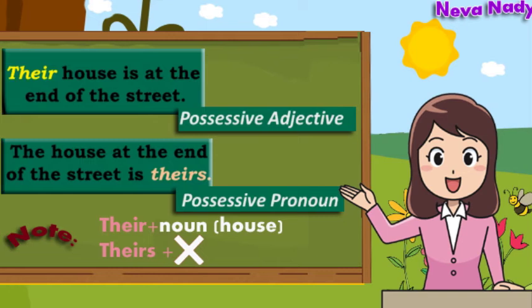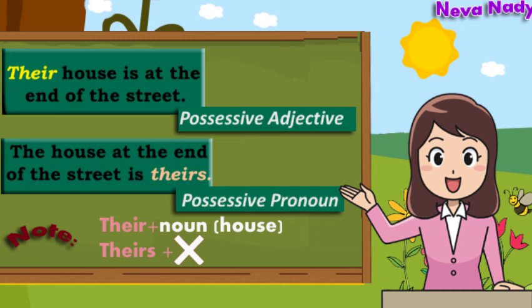Another one. Their house is at the end of the street. Their here is a possessive adjective because it is followed by a noun. But the house at the end of the street is theirs.